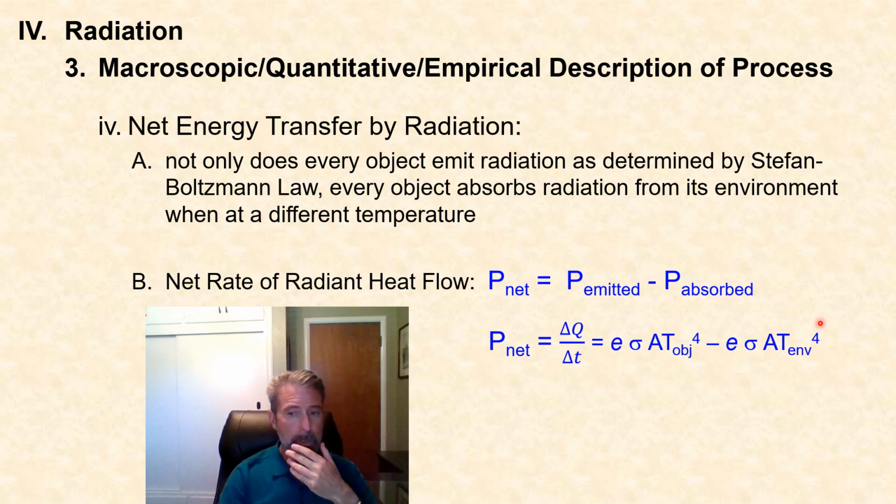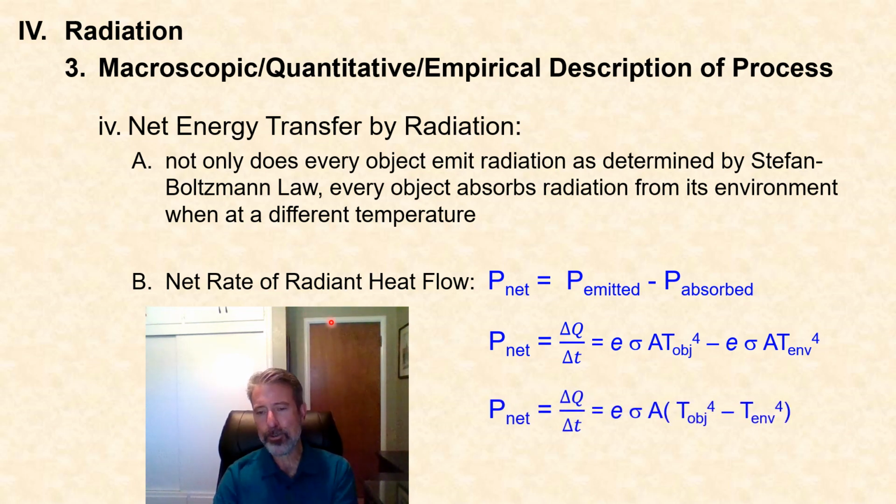A typical problem would involve the object being at a higher temperature than the environment itself. So we can certainly factor out those common factors here and write it like this, an expression for the Stefan-Boltzmann law giving us the net power radiated by an object.